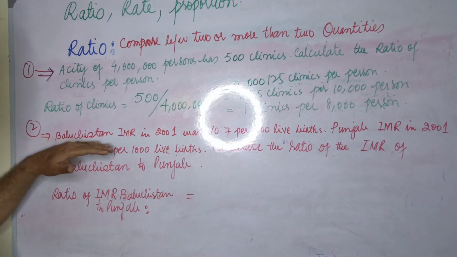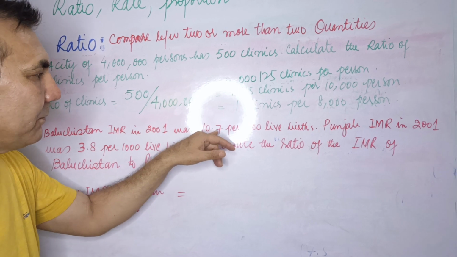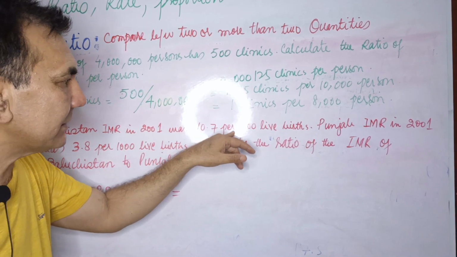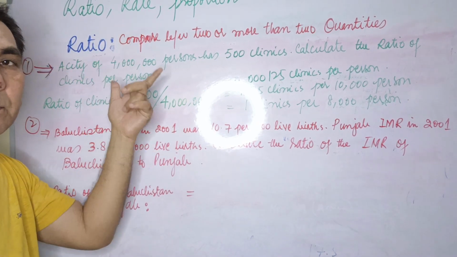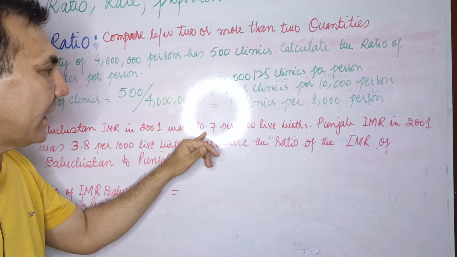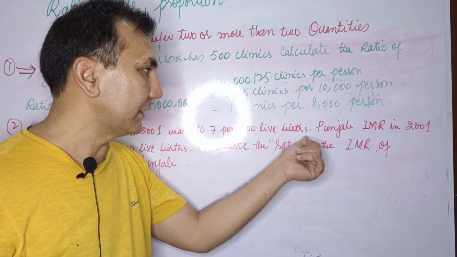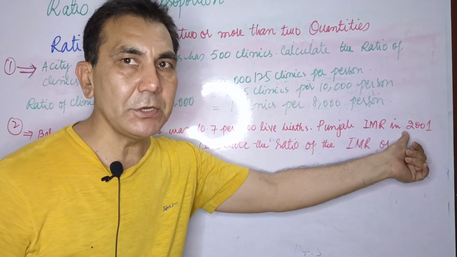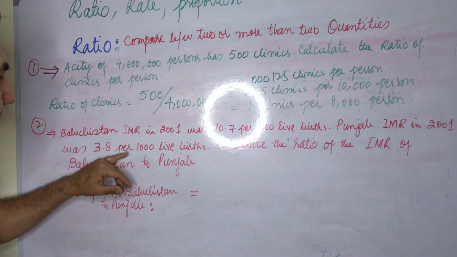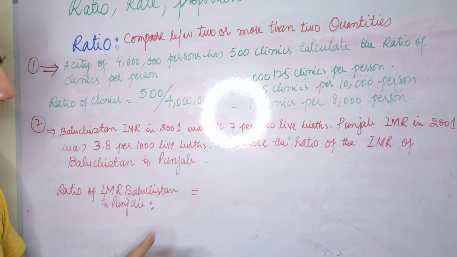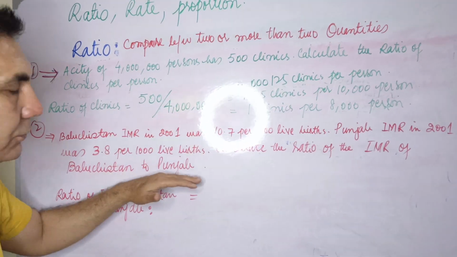In Balochistan, the infant mortality rate in 2001 was 10.7 per 1,000 live births, and the Punjab infant mortality rate in the same year, 2001, was 3.8 per 1,000 live births. Now calculate the ratio of the infant mortality rate of Balochistan to Punjab.